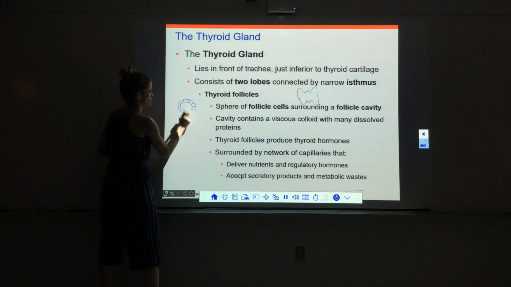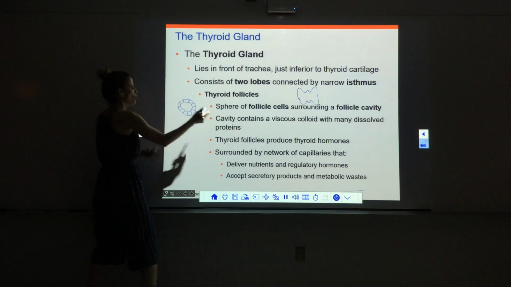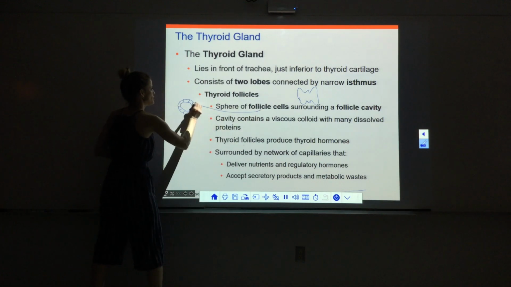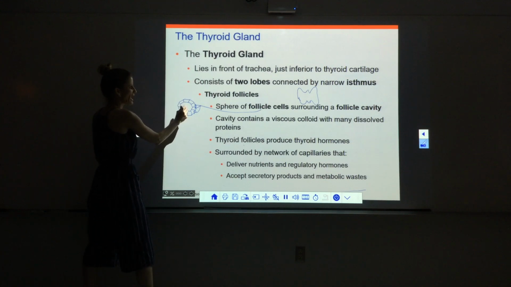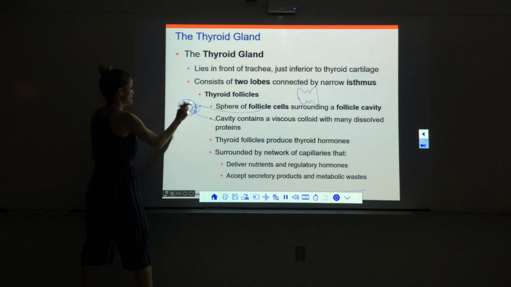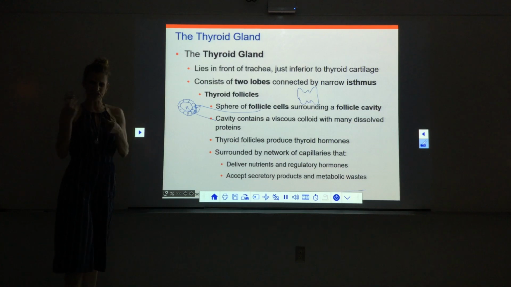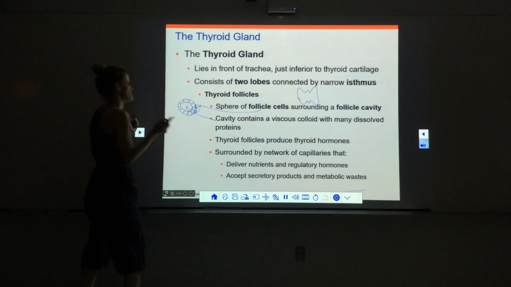I do have a picture coming up, but thyroid follicles are spheres, with follicle cells on the outside, these little cuboidal cells all surrounding the outside, and then a follicle cavity on the inside. That cavity has a really gelatinous, thick kind of fluid, just packed with amino acids.